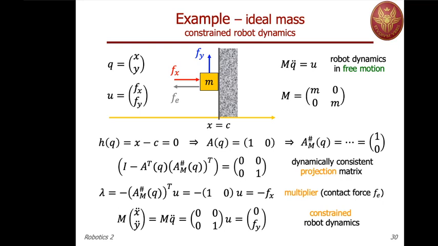So the constrained dynamics is nothing else in this simple case than moving along the y direction freely a mass small m by the force f of y.